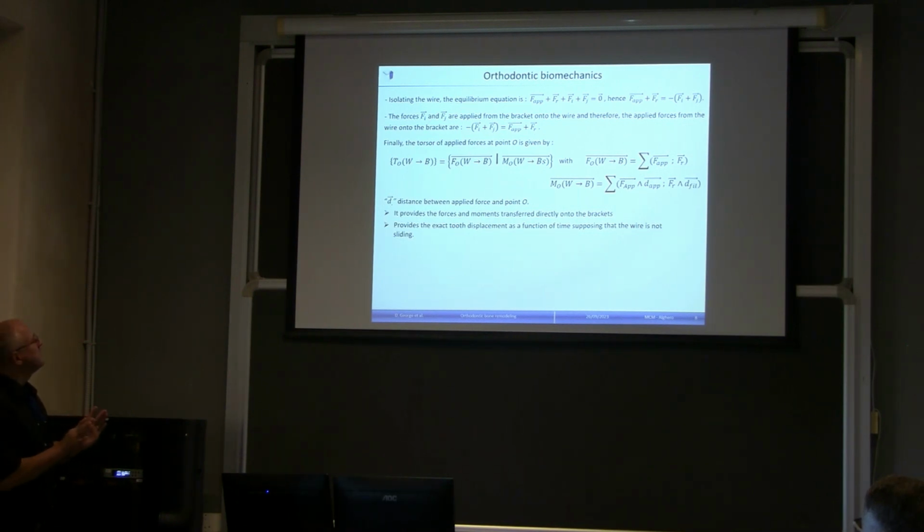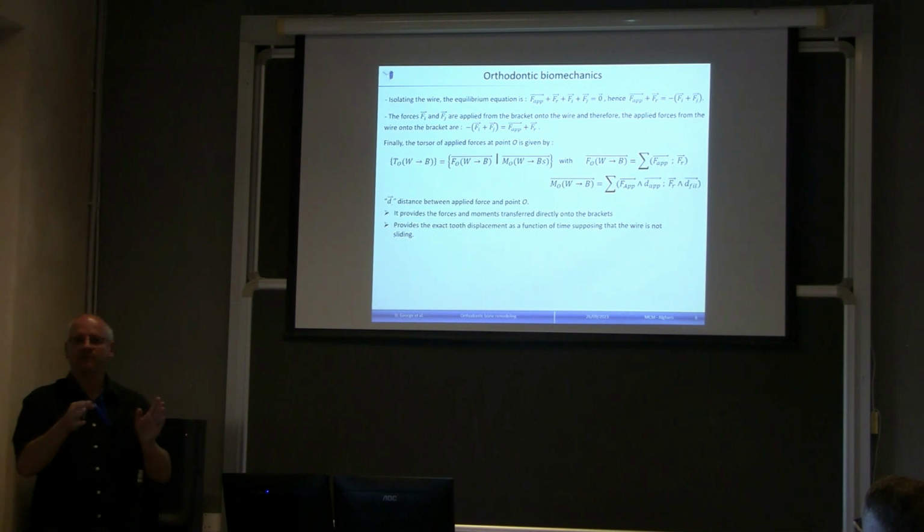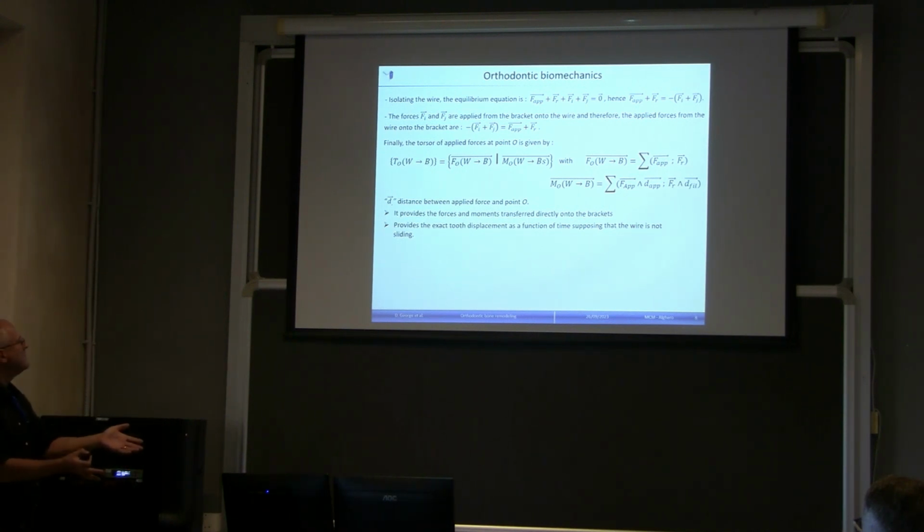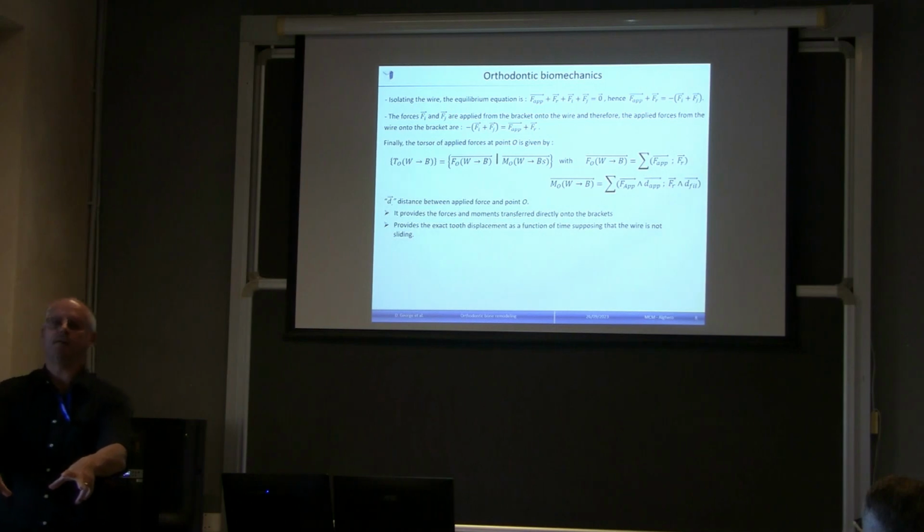Very simple. We can write it in terms of force equilibrium and in terms of moment equilibrium. Therefore, with this information, we are able to quantify somehow the forces and moments which are developed onto the teeth at a given time.